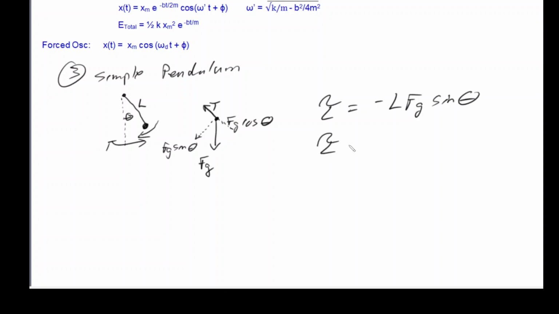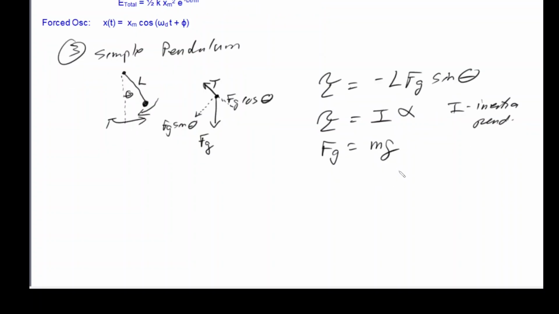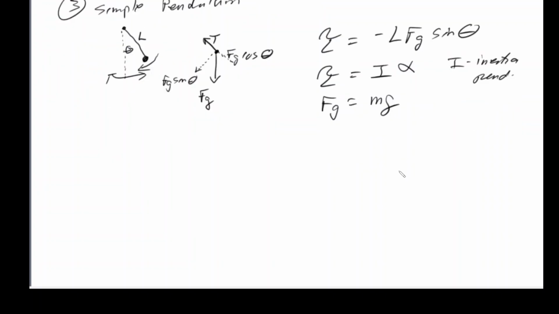We also know torque is equal to inertia times angular acceleration, where I is the inertia of the pendulum, and the force of gravity is equal to mg. So if we put these together, we end up with minus L mg sine theta is equal to I times angular acceleration.